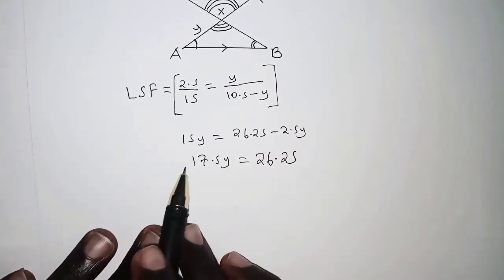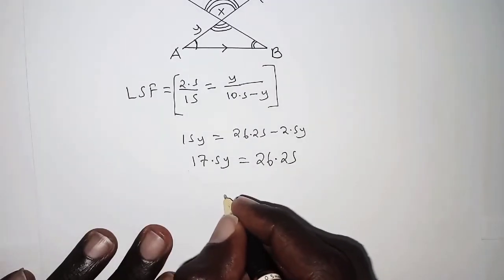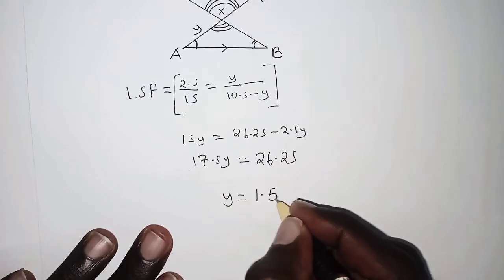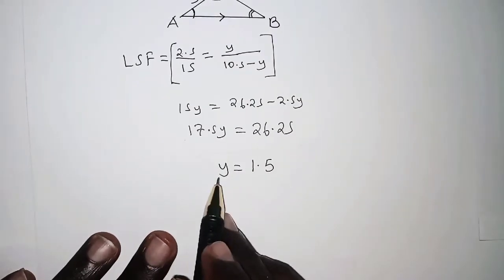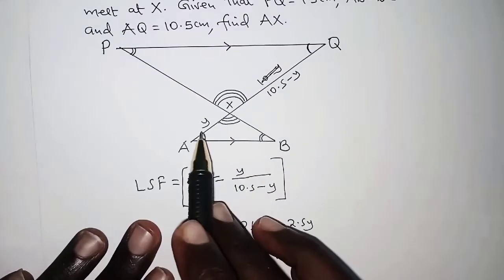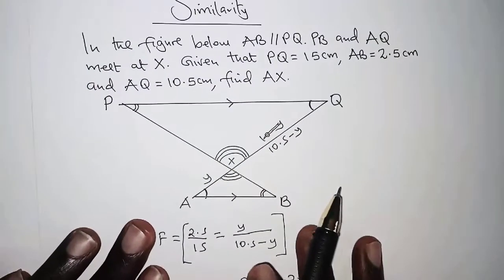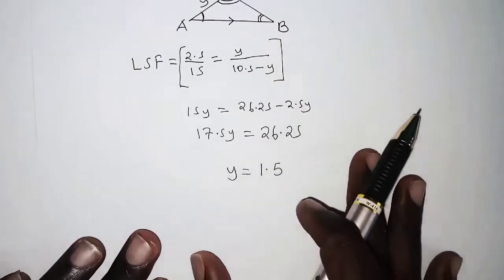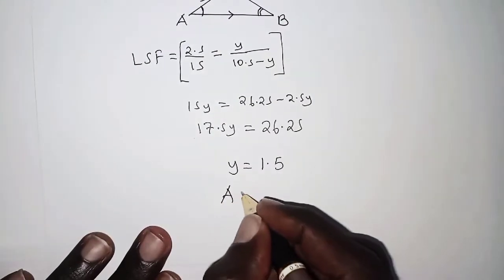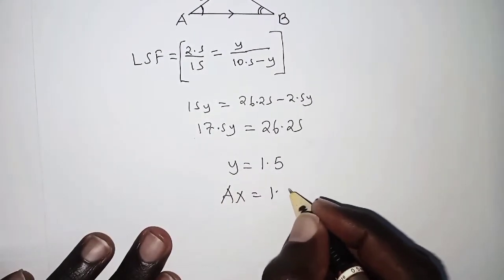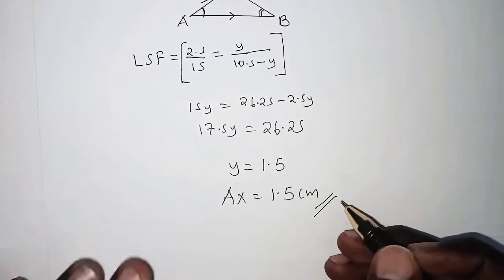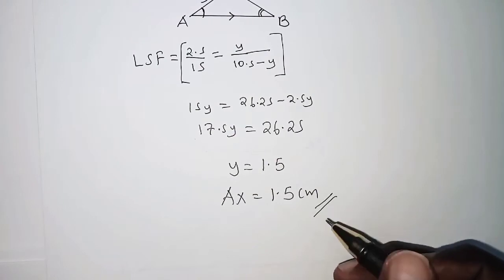Dividing both sides by 17.5, Y therefore becomes 1.5. But remember, Y is AX, and we are asked to find AX. So that means AX is 1.5 centimeters, as we had been required to determine.